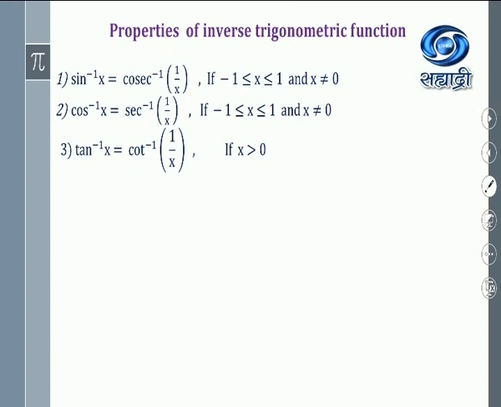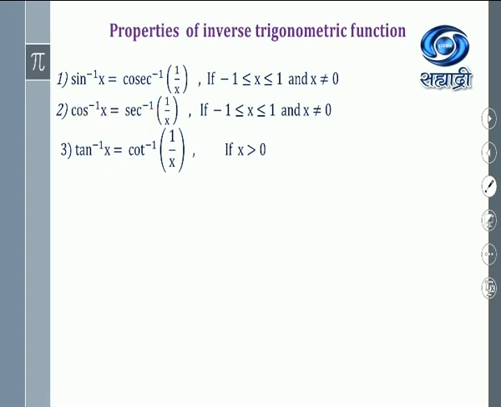Don't write tan inverse x as 1 upon cot inverse x. Please don't make the confusion. These you will have to read thoroughly. Tan inverse x is equal to cot inverse 1 upon x, and the condition is x greater than 0. Similarly, we can write cot inverse x as tan inverse 1 upon x.